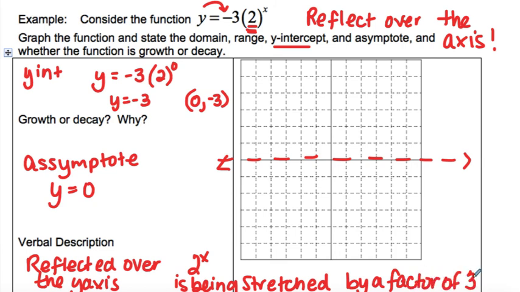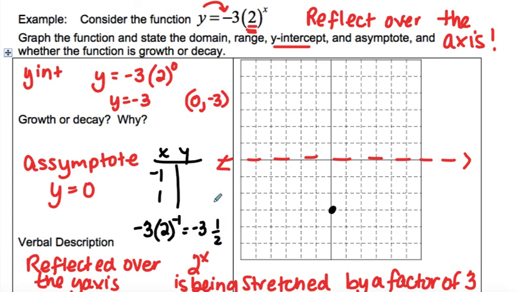Okay? All right, so I need a couple other points on the graph, so I'm going to make a quick table. I'm going to plot that (0, -3), which is down here. You can see it's below it because it's reflecting over it. I'm going to plug in -1 and 1. All right, so -3 times 2 to the -1 gives me -3 times 1/2. So -3 halves, which is -1.5.